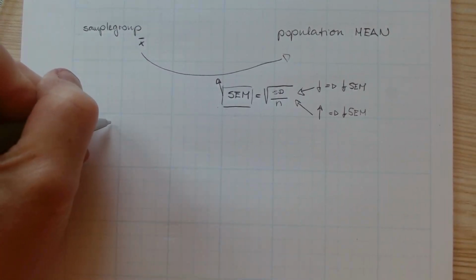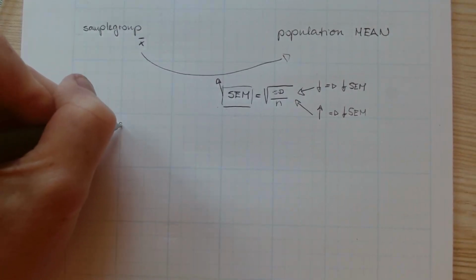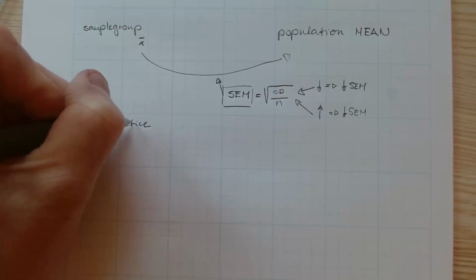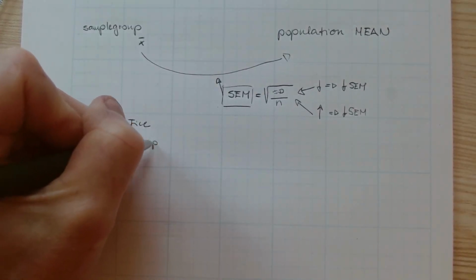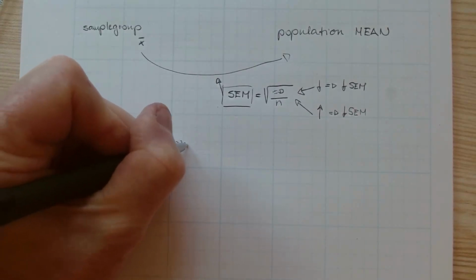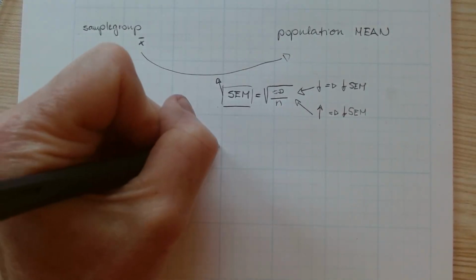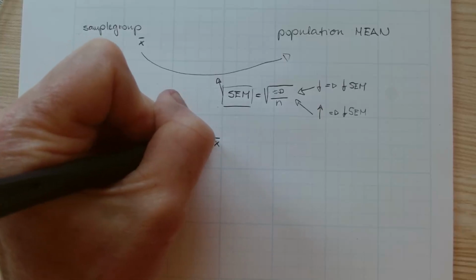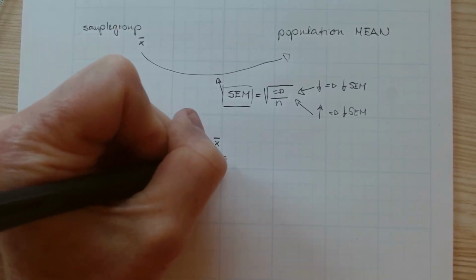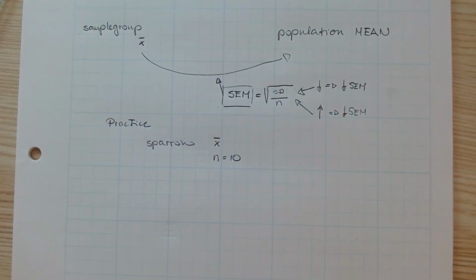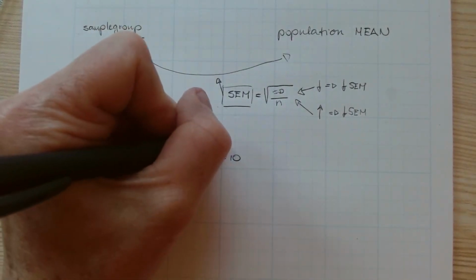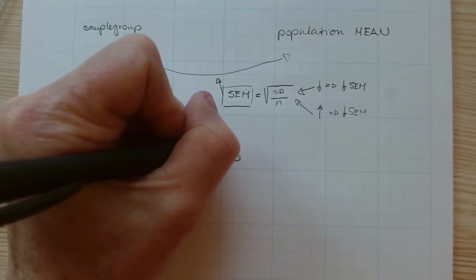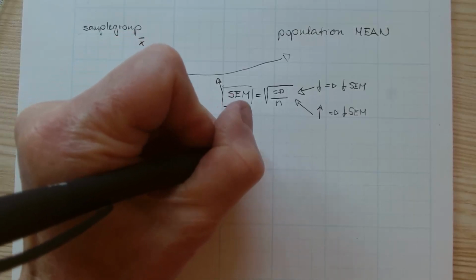Now let's put this into practice with bird wingspan. So we will pick the sparrow, and we will find that its wingspan average for 10 sparrows, that's our sample size, is 12.22 centimeters.